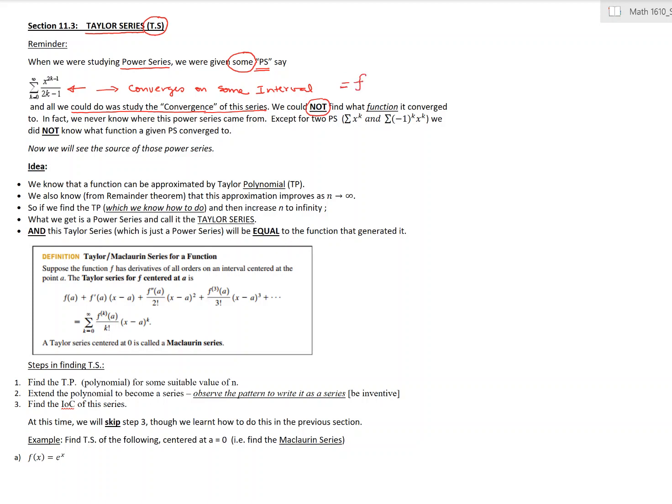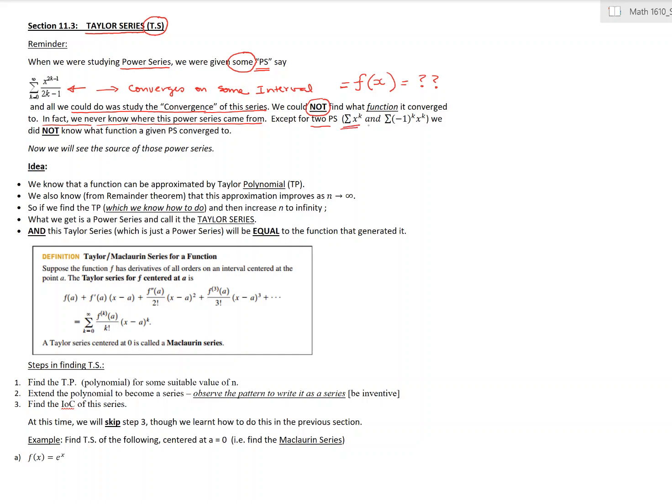Now it obviously will add up to something which is going to be a function of x because it's got x in it. But the thing is that we never knew what this function is. So we could not find what function it converged to. In fact, we never knew where this series came from. Most of the time when we were studying series, all sorts of convergence we could study, but we never knew what they were equal to, except for two power series.